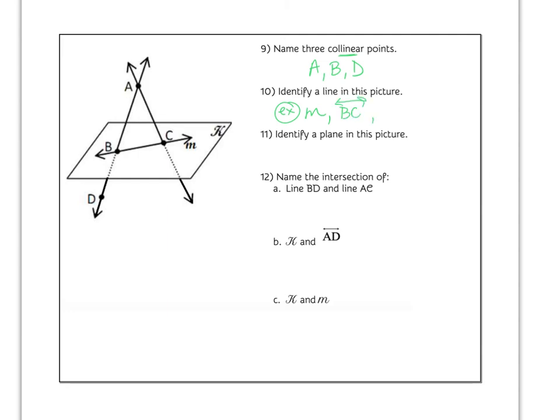You could also have line AB or line BD or line AD. There's many different ways you could write a name of a line in that picture. If you were identifying a plane, however, I think there's only one way you could identify the flat surface. We're talking about this flat surface, and that would be with K.